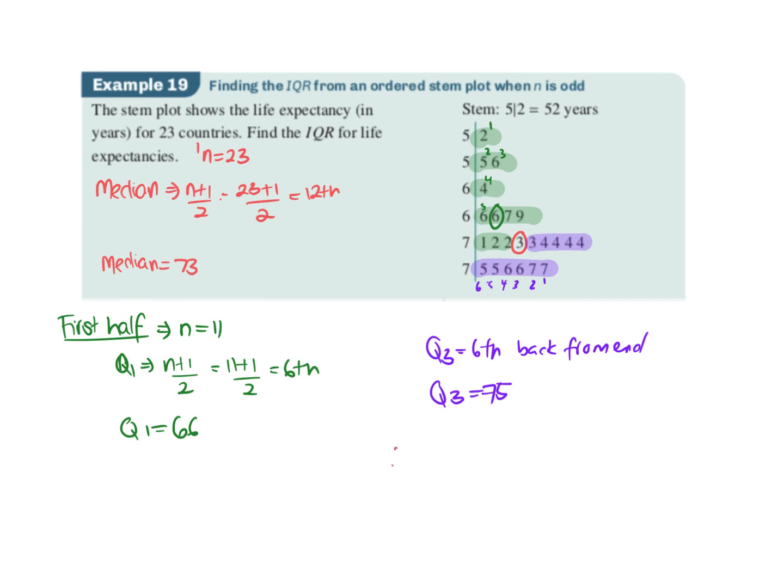So therefore the IQR equals Q3 minus Q1, which equals 75 minus 66, which equals 9. Okay, so 50% of the data are within 9 years. So the life expectancy, 50% of them range between 9 years.